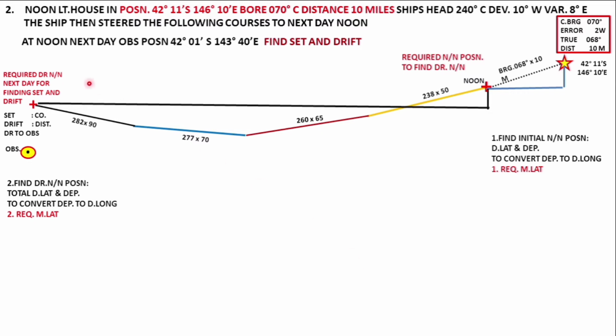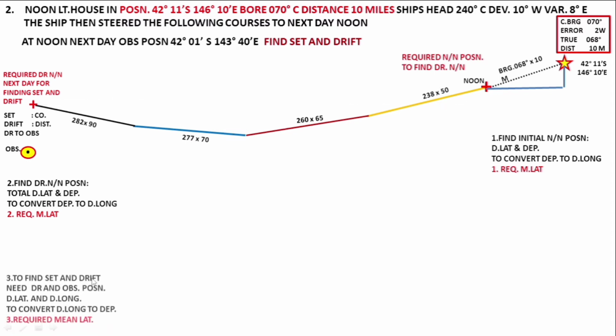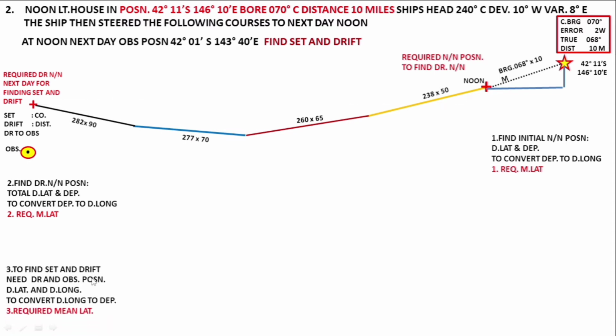Then I find my DR position here. The DR position is also found the same way around: you find the total course, total lat, total departure, and find your position.